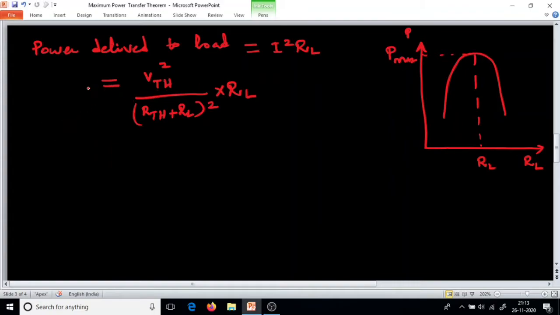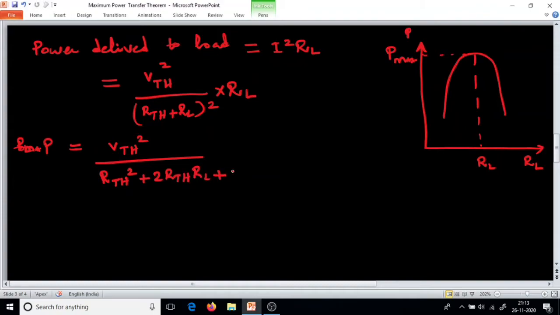Now we'll try to manipulate this equation. If we simplify this, what do we get? The power delivered to the load is VTH square divided by, expanding the A plus B whole square, RTH square plus 2 RTH RL plus RL square, multiplied by RL.